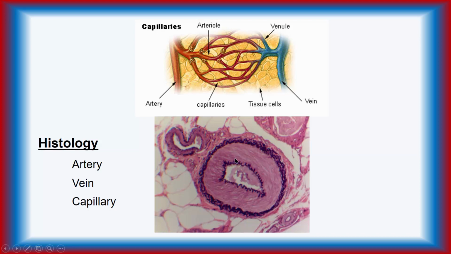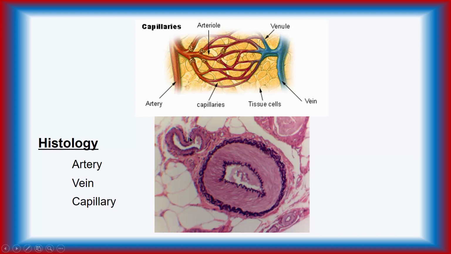So histologically, remember we talked about that arteries always have the open lumen. They have the thicker tunic. So you have the tunica intima or interna, which is the thin endothelium that lines the lumen of the artery. Remember, you have this very thick tunica media, and then you have the tunica externa that's fed in by the vasa vasorum, or the arteries, to nourish this tissue.